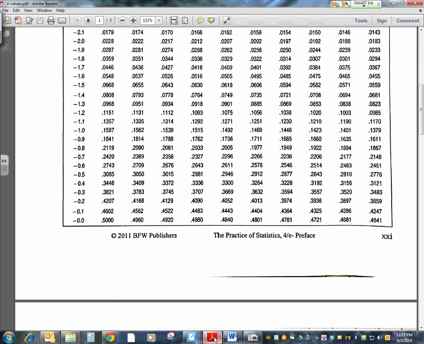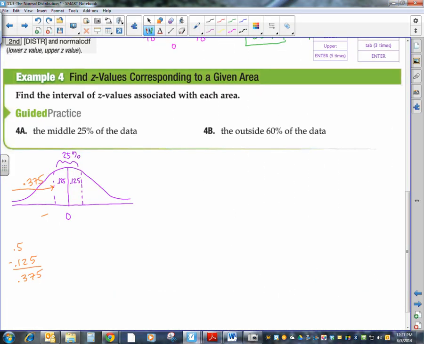So it's going to be a z-value of -0.32. And of course it's symmetric, so it will be the same on this side. So the answer to the question, the interval of z-values, is going to be z between -0.32 and +0.32.